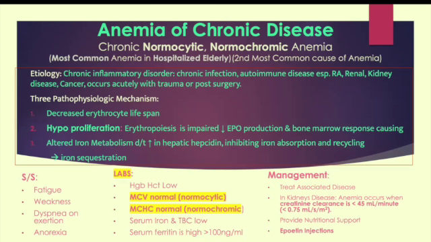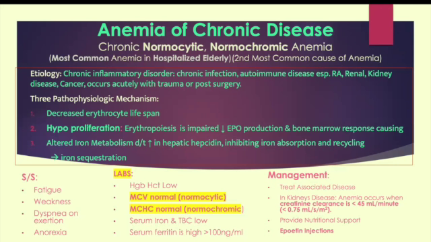The management for this is honestly just treating the associated disease. In kidney disease, anemia occurs when the creatinine clearance is less than 45 mL per minute, and then the other value there, as you can see. It is important to provide nutritional support for these patients, and if needed, long-term epoetin injections can be considered.